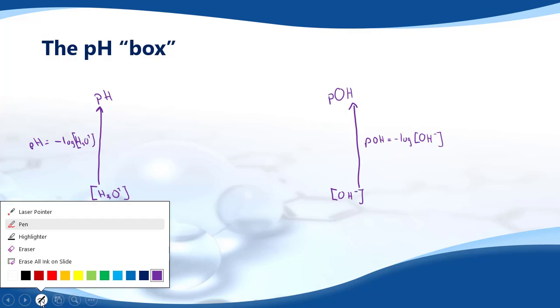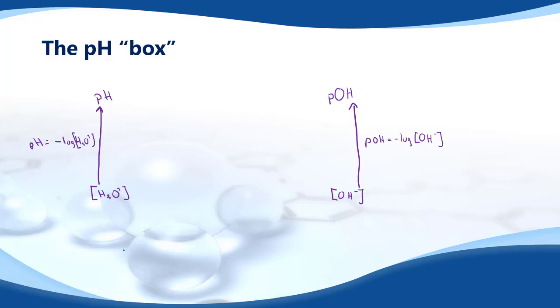Now just give me a sec to switch up my color here. We'll go to a blue for this one. To go backwards, to go from pH to H3O plus, I'm going to say that H3O plus is equal to 10 to the negative pH.